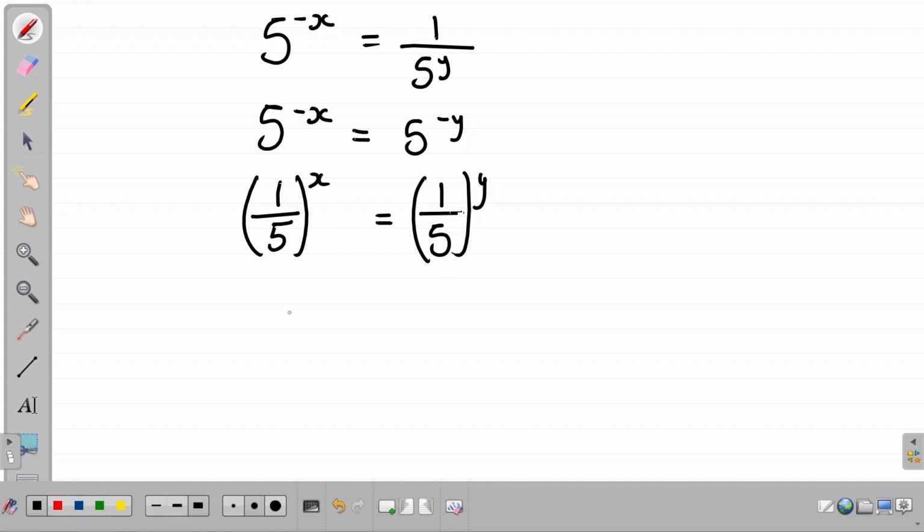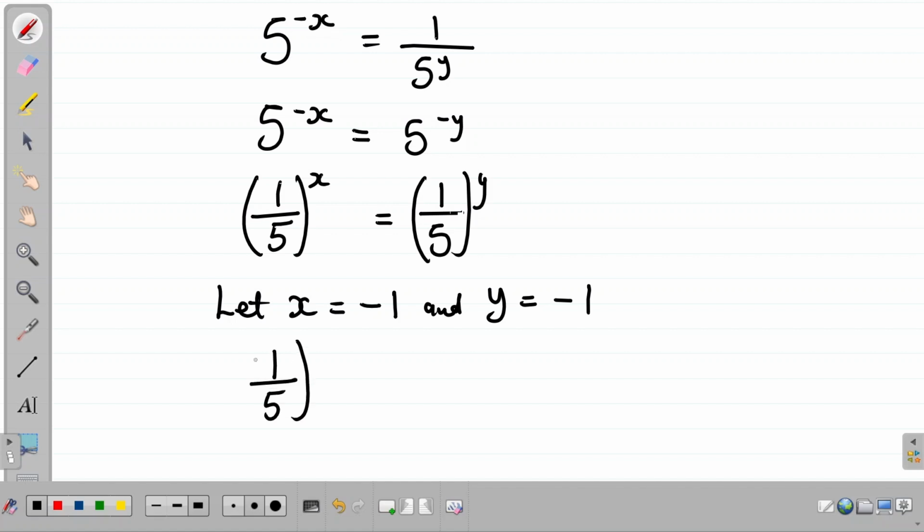So therefore, we can assume that x is equal to negative 1 and y equal to negative 1. So we have it that this becomes 1 divided by 5, all raised to the power of negative 1, equal to 1 divided by 5, all raised to the power of negative 1.